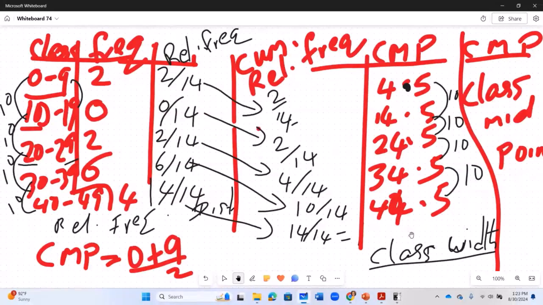When you are given grouped data and you don't know the original raw data, you can still find the mean, the 5-number summary, the median. You can still find the statistics. Whenever you're given data that is already grouped, you can find the mean, the median, and all the statistics.